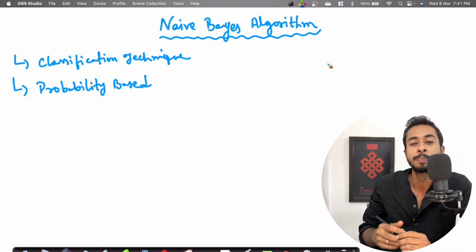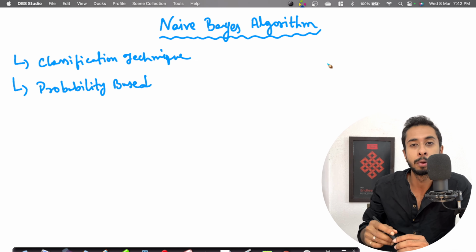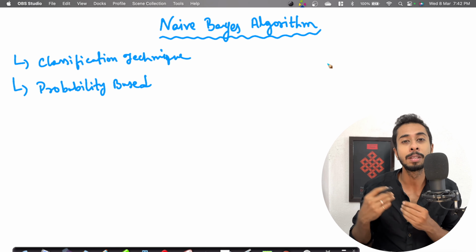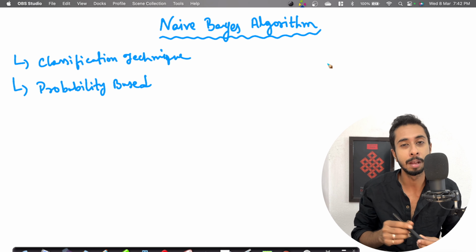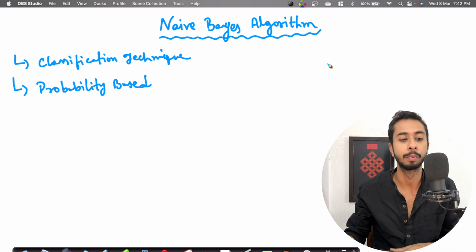Using the Bayes theorem, it gets a bit complicated when you try to derive the naive Bayes algorithm. So to make it easy, we assume a simplistic assumption, which is the reason why it is called the naive Bayes algorithm.